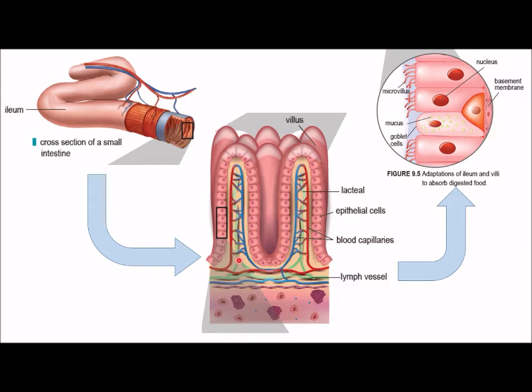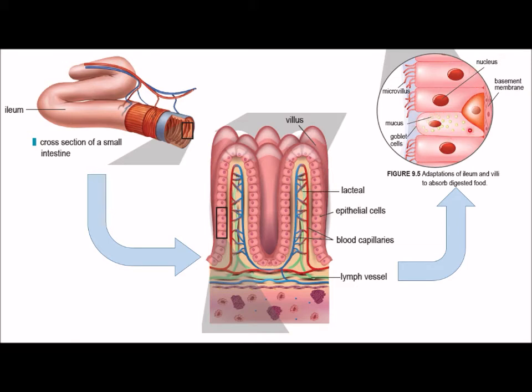And number three, villus also has a unique and specific cell called goblet cell. Okay, this is goblet cell. A goblet cell's function is to produce mucus to aid digestion. If we enlarge the wall of the villus, this is what it looks like. This is epithelial cell.